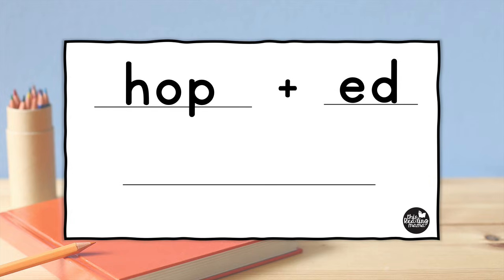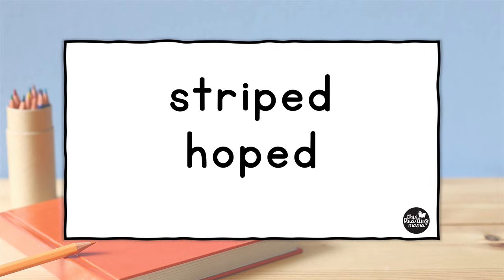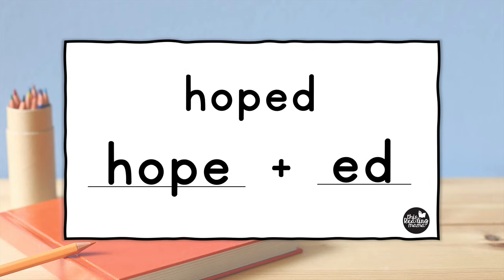Hop is one syllable. It has one vowel, which is the O, and one consonant at the end. Now we're also adding a vowel suffix to the word. So if the base word was hop, we would expect to see it spelled with two P's and not just one. So the word can't be hopped. It must be hoped with the silent E that has been dropped.